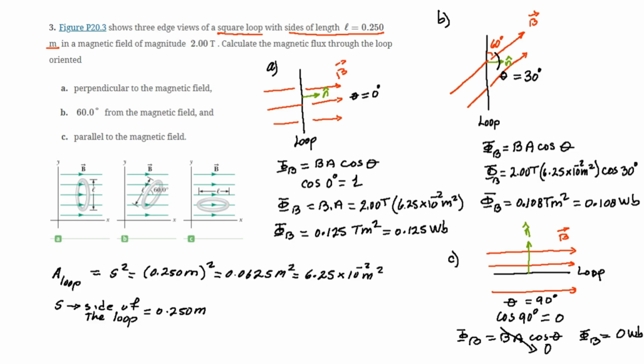And we have a third case, where the angle between the loop and the magnetic field is 0 degrees, so the angle between the normal and the magnetic field is 90 degrees, and the cosine of 90 is 0. So the magnetic flux in this case is just 0. This is a very interesting exercise because it combines three different scenarios.